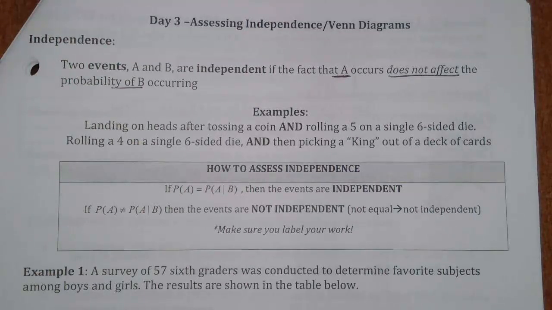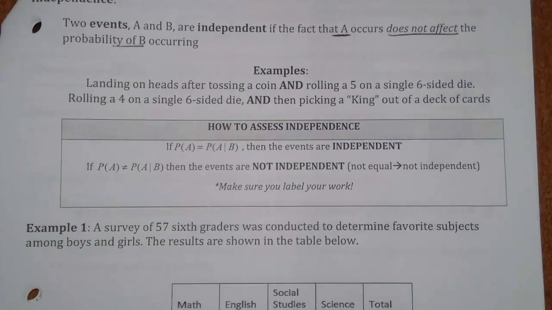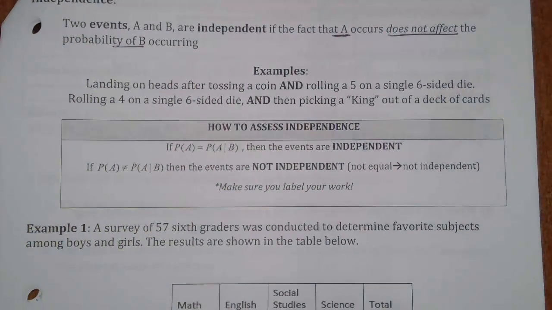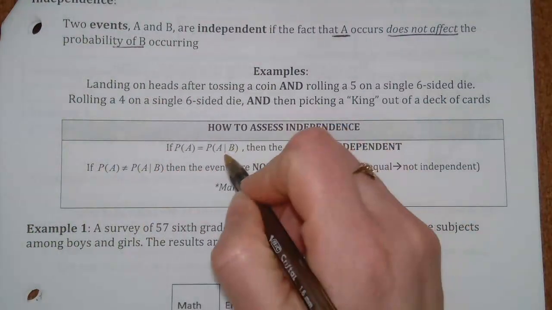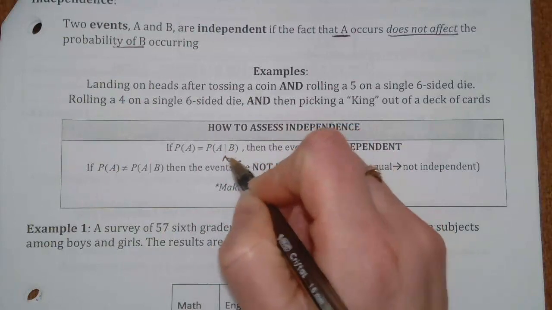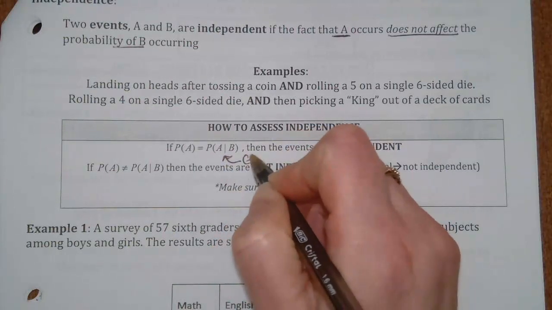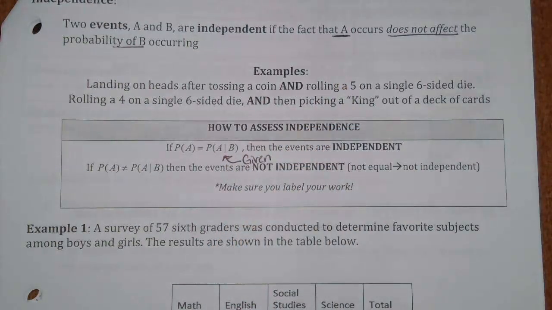And there's a formula that helps us assess independence. What we're going to be showing is that the probability of event A is equal to the probability of event A given, so that's the symbol for given that we learned yesterday, given event B. So we put a condition on it.